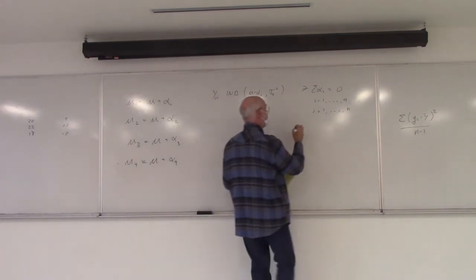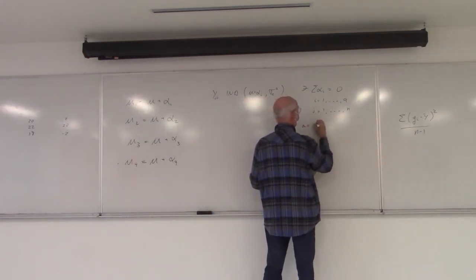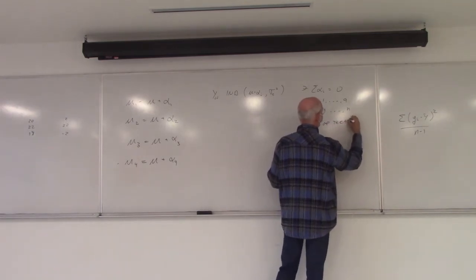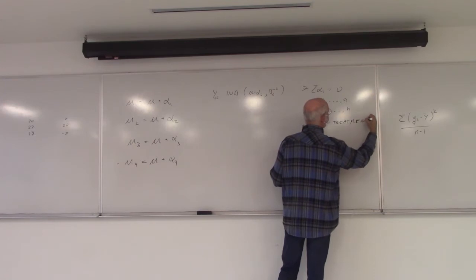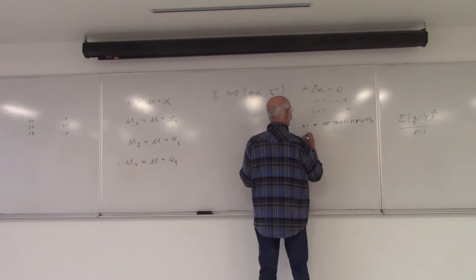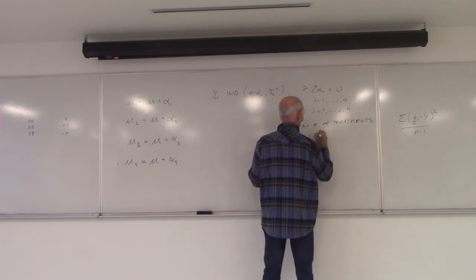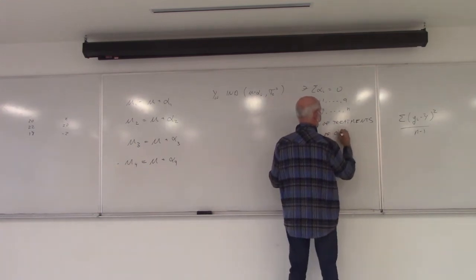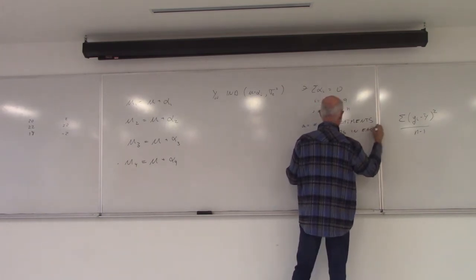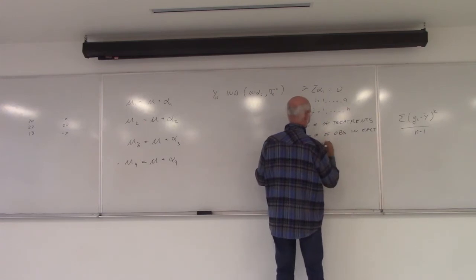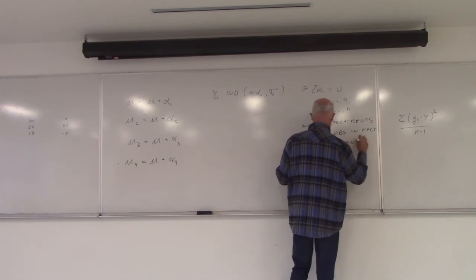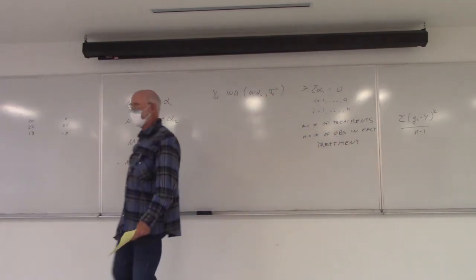Where a equals the number of treatments, and n equals the number of observations in each treatment. Okay? All right.